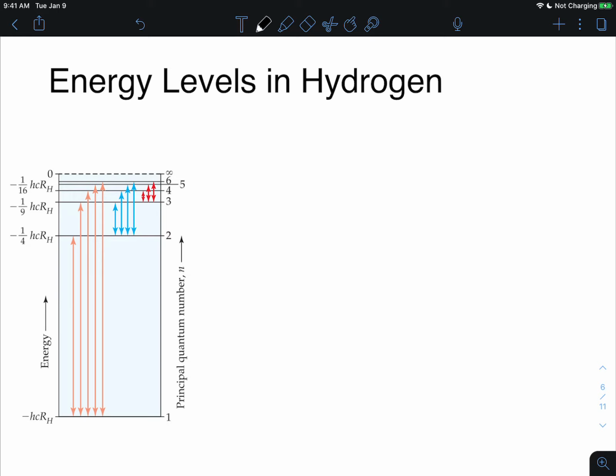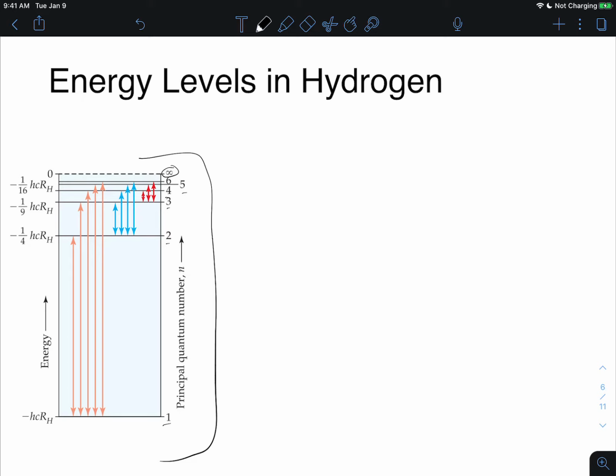So our energy levels are shown over here on the left, where we've got our principal quantum numbers, n equals 1, 2, 3, 4, 5, 6, on until we reach infinity. Okay? The energy itself is going to increase differently between our different levels.